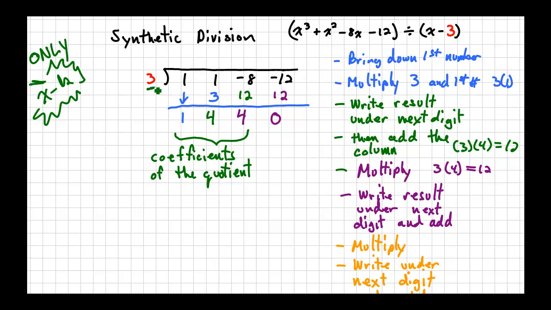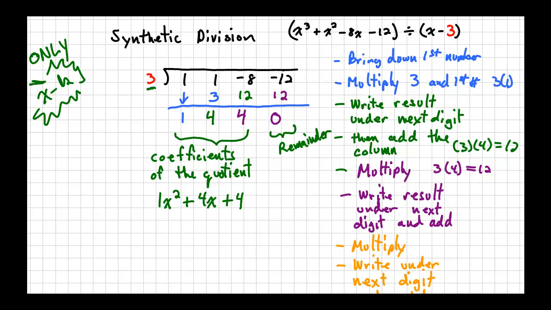And it's always 1 degree less, because we divided by x minus 3 into x cubed, so we're down by 1 degree. So this is going to be 1x squared plus 4x plus 4. So that's your quotient. This part is your remainder. And if your remainder is 0, it means that it divided evenly.